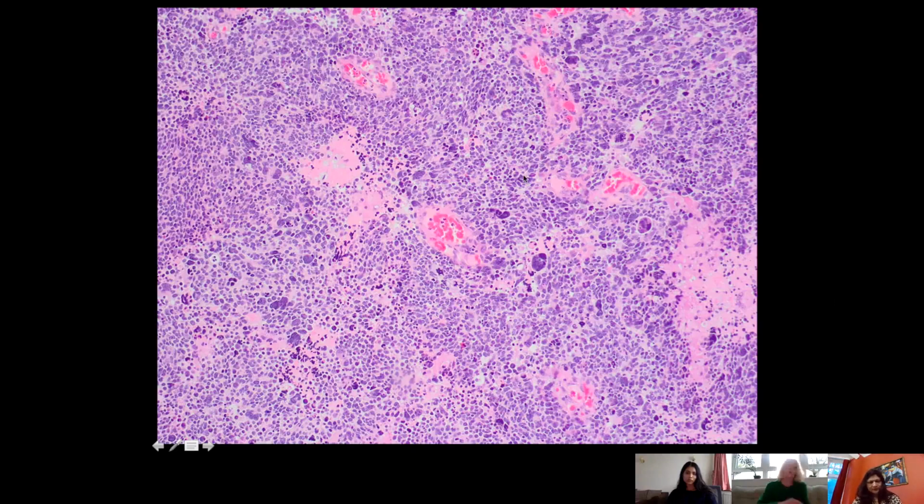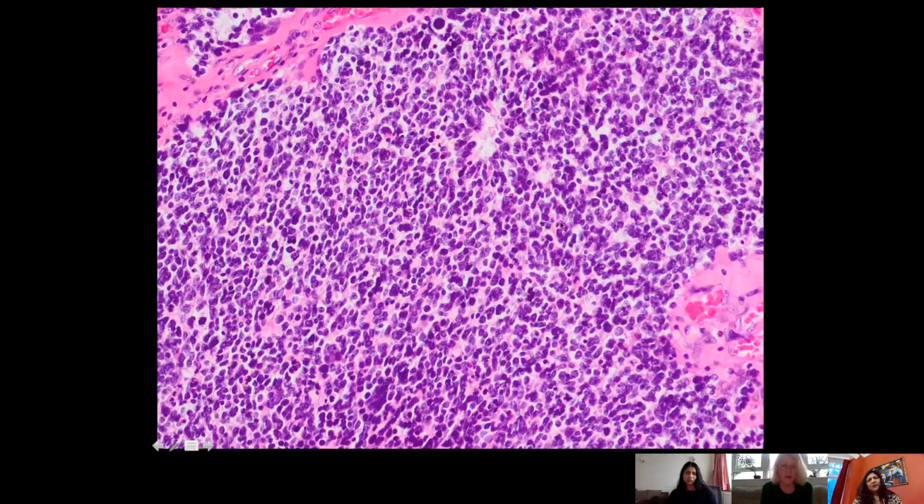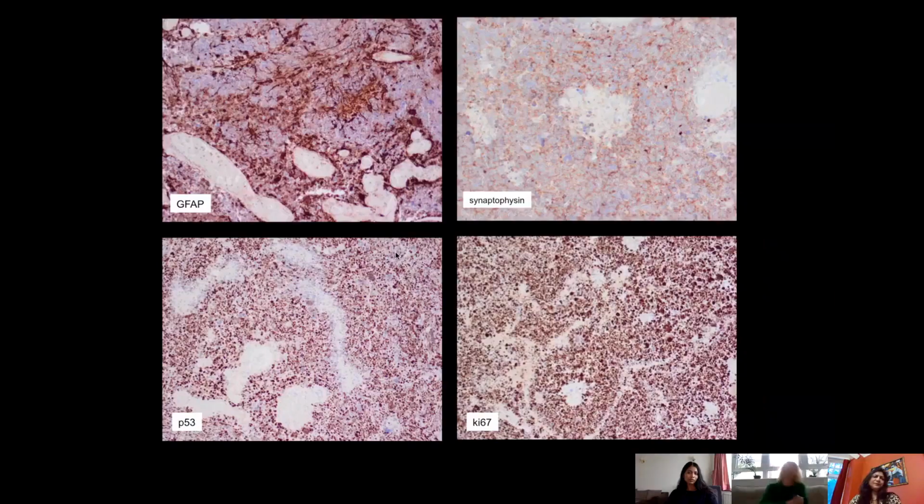And here, another interesting capture, in the poorly differentiated areas, we see a hint of rosette formation, as well as some nuclear molding, more in keeping with a primitive neuroepithelial tumor. So immunohistochemistry here confirmed glial differentiation. GFAP is positive in many of the tumor cells.